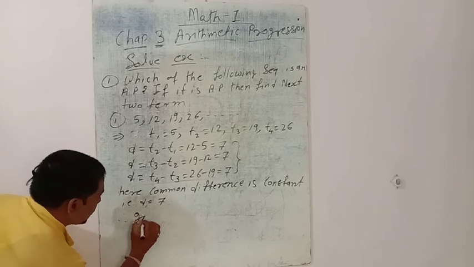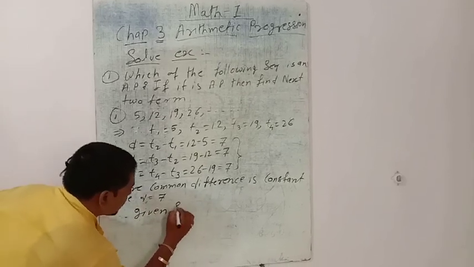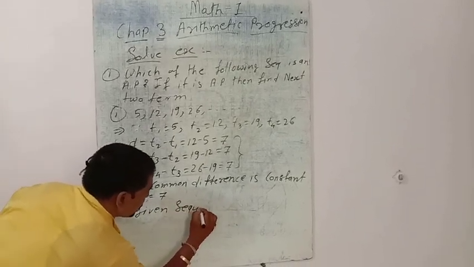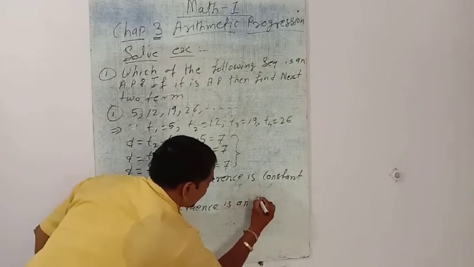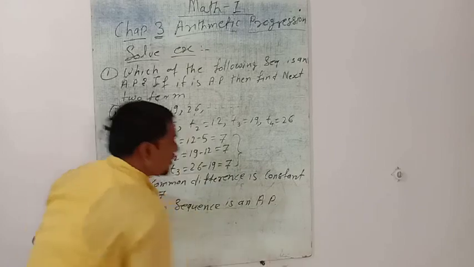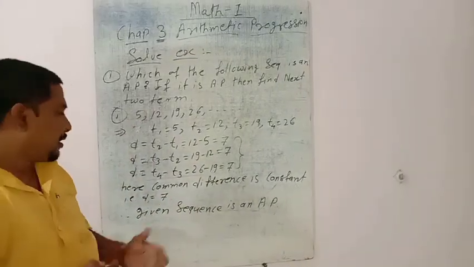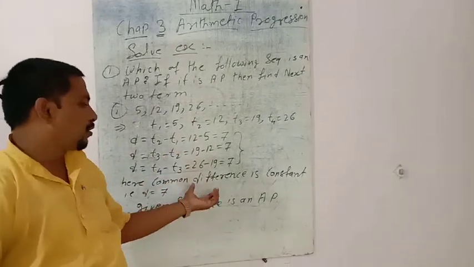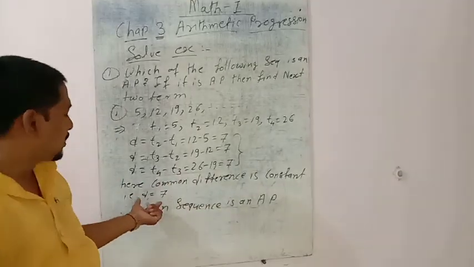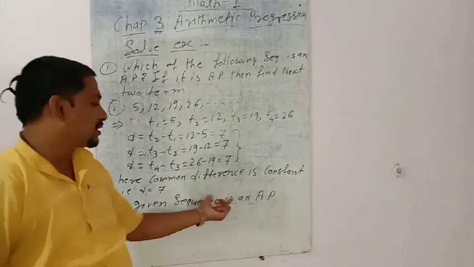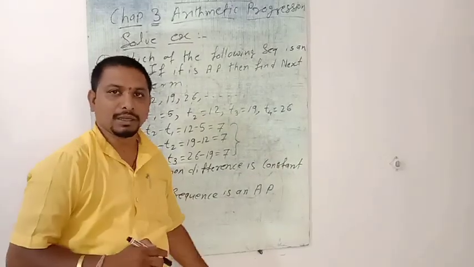Therefore the given sequence is an AP. The common difference between two consecutive terms is constant, so it is 7, and the given sequence is an AP.